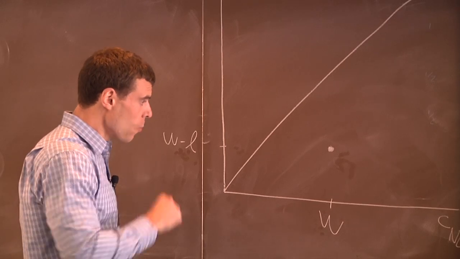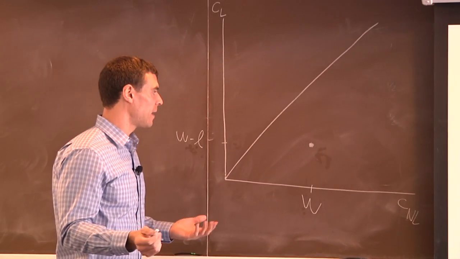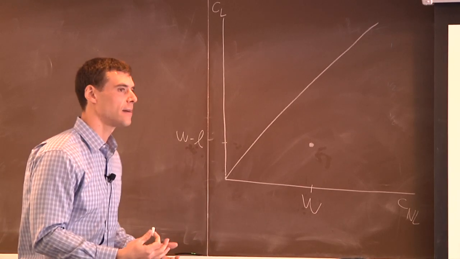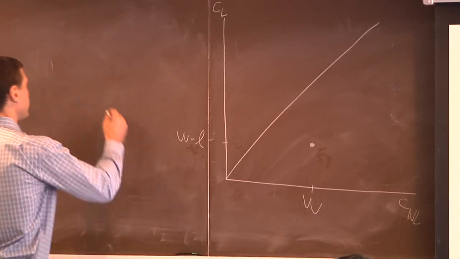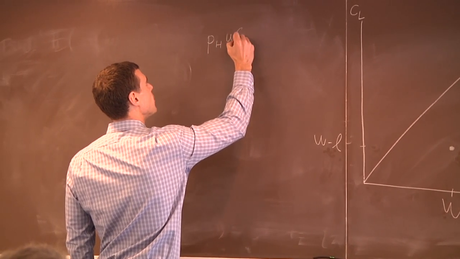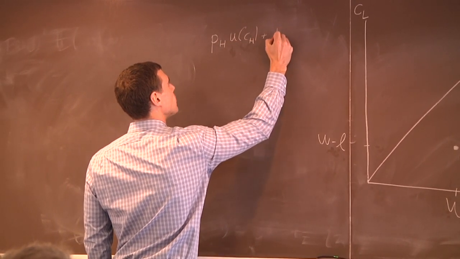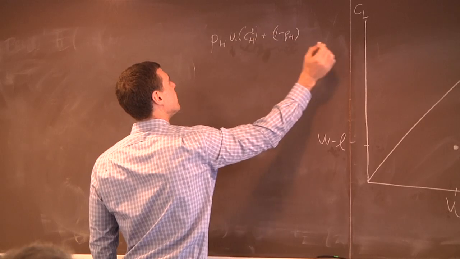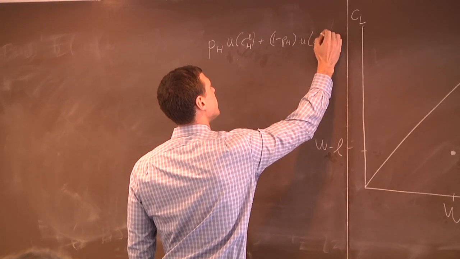So what he says is, well, okay, let's draw the indifference curves, okay? So let's think of a high-risk guy is going to have indifference curves given by some utility function, let's call it P_H U(C_H) plus (1 minus P_H) times U(C).